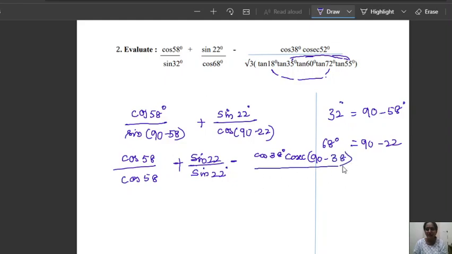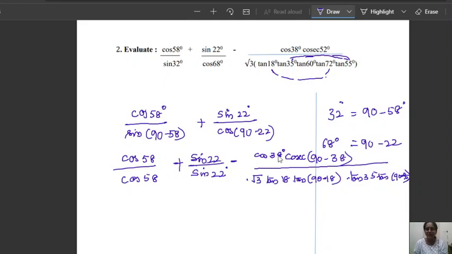So divided by root 3 tan 18 into tan, instead of 72 I'll write (90 minus 18), into tan 35, tan 35 into tan (90 minus 35), that is tan 55.